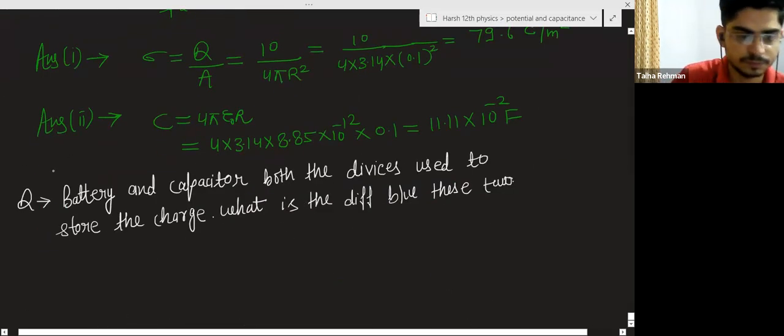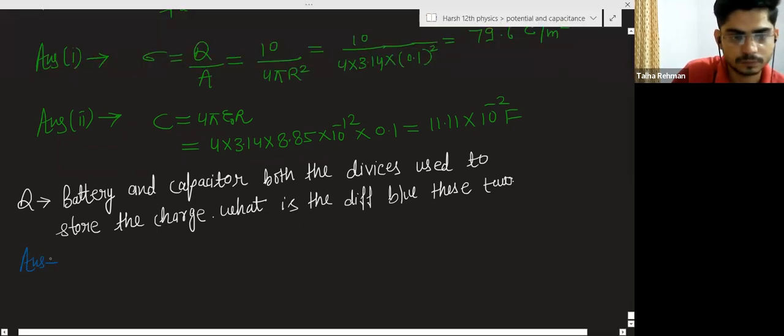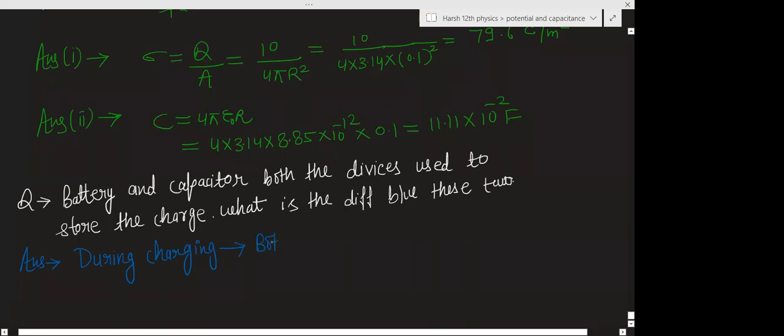So the answer is: during charging, both behave the same.